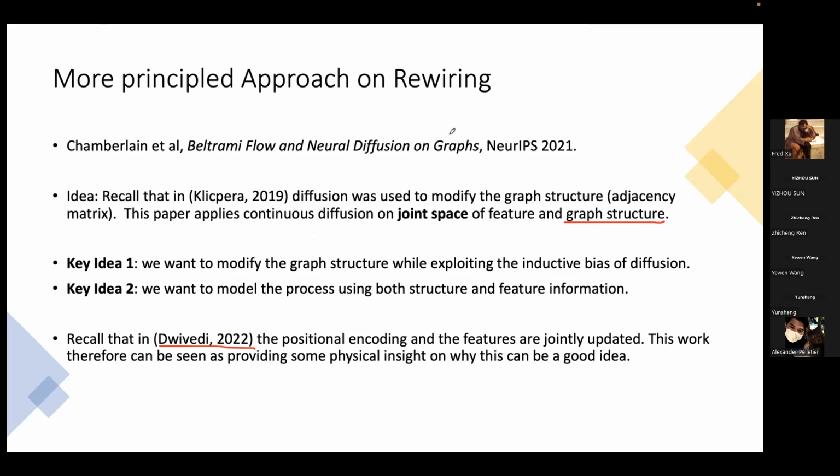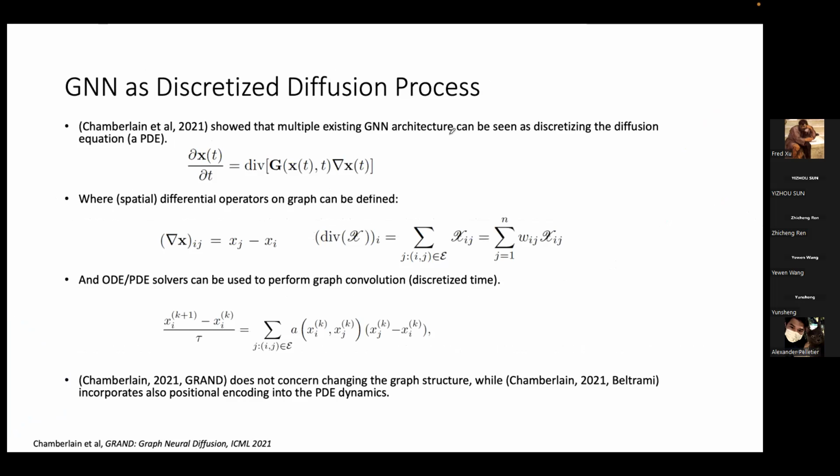Before I go to this paper, first we need to formalize what we mean by diffusion in the context of GNNs. So in this paper from ICML 21, they hypothesized that GNN architectures, how we do message passing, is basically a discrete diffusion process, where we discretize a PDE. So how do we do that?